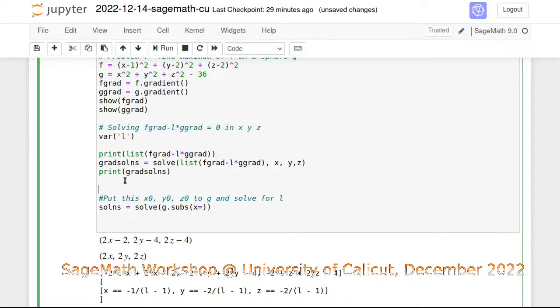But what I'm thinking is that we should put it automatically, not manually. It's the first coordinate of the grad solution, so we can put it as grad solutions 0, 0.